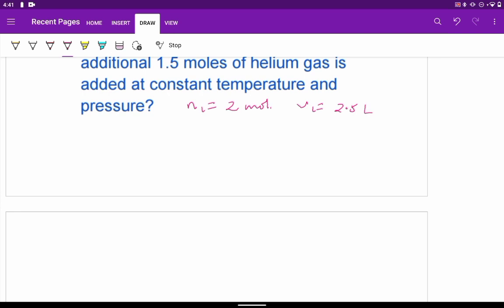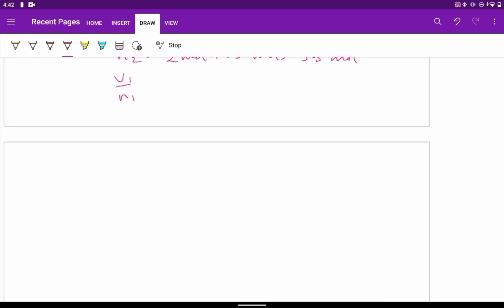Now N2, additional 1.5 moles added. So N2 will be 2 moles plus 1.5 moles. It is 3.5. Now as per Avogadro's law, we know that V1 by N1 will be equal to V2 by N2. So from here we can state that V2 equal to V1 by N1 into N2.